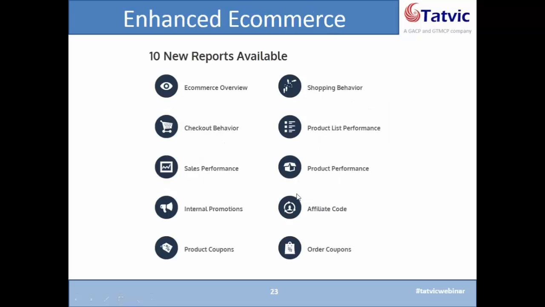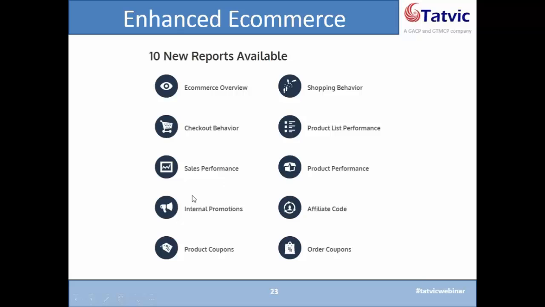And lastly, we have enhanced e-commerce, which gives you a very important set of reports for your store. Some of the reports are behavior or flow reports, like shopping behavior and checkout behavior. Some are performance reports, like product category or list performance, sales performance, and product performance.